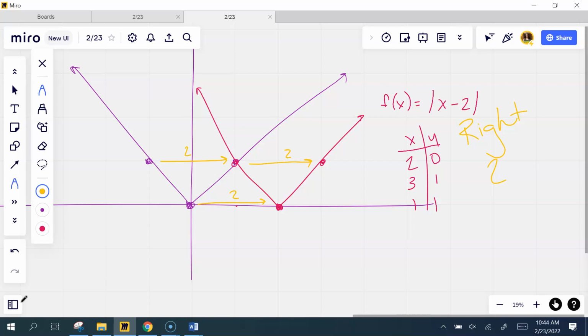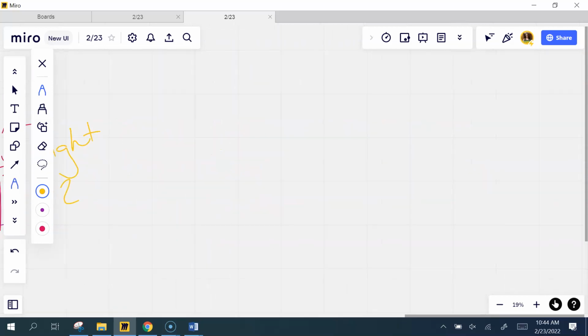Interesting, interesting. I wonder if it makes a difference if that plus 2 or minus 2 is outside those absolute value bars, like number 3.